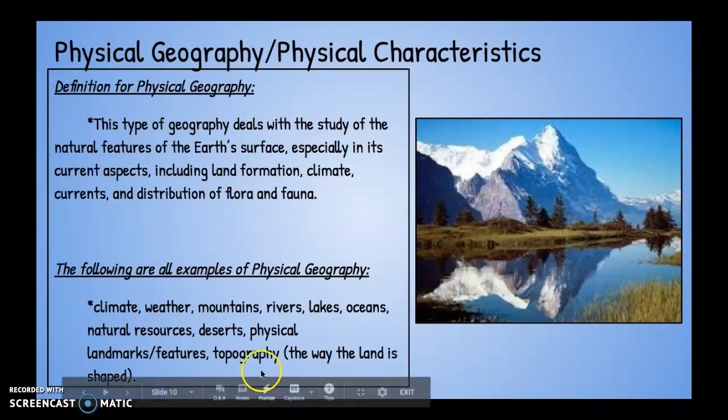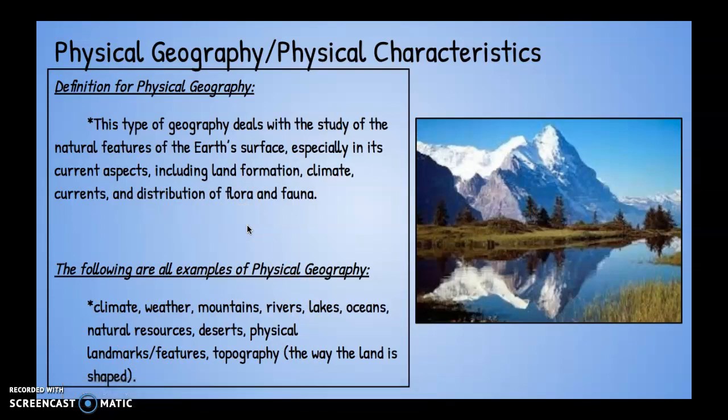The bottom half of the box shows some specific examples: climate, weather, mountains, rivers, deserts, natural resources, physical features or landmarks, the topography.